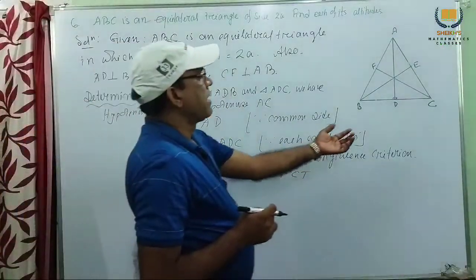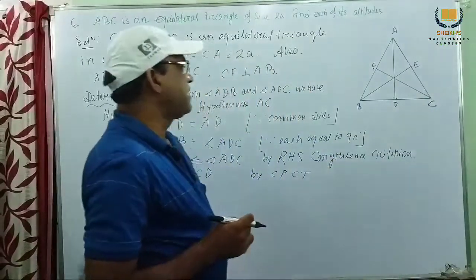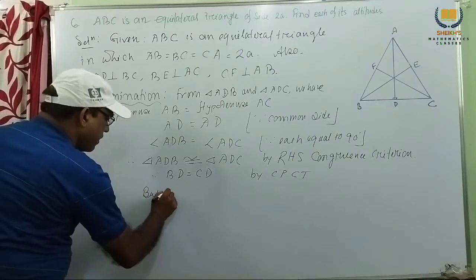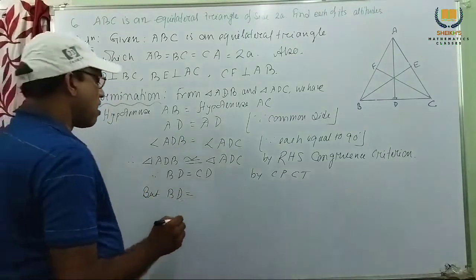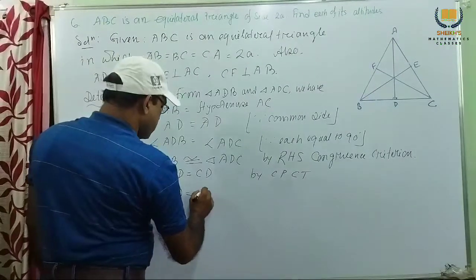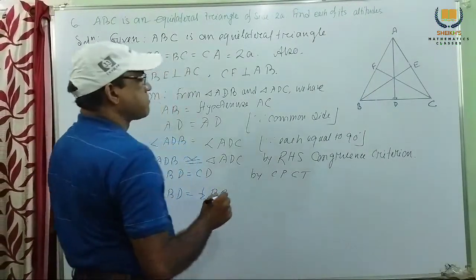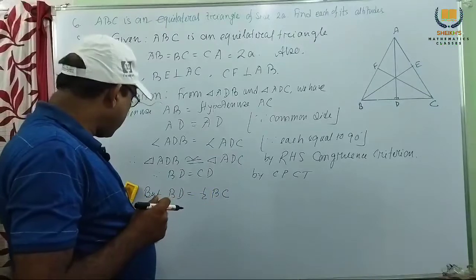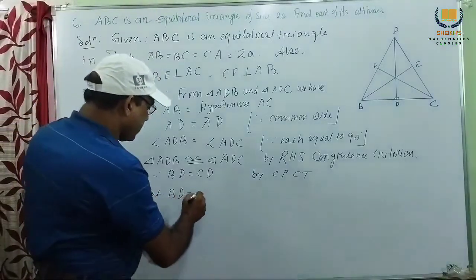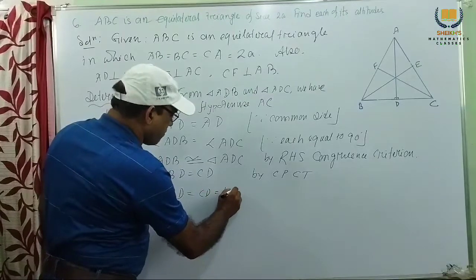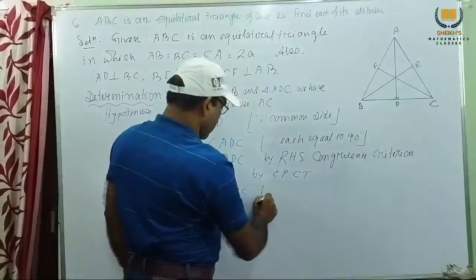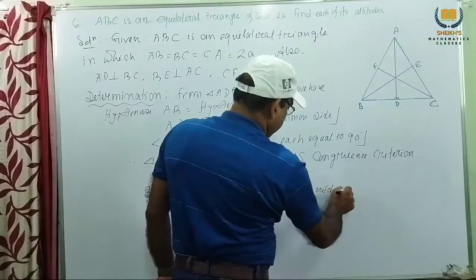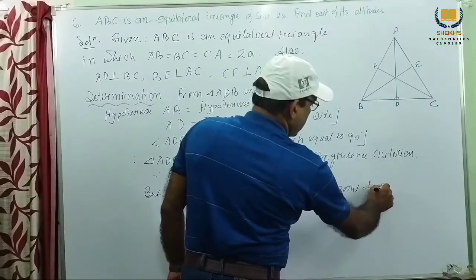Now what we get, BD and DC are equal, so BD equal to CD equal to half of BC, since D is the midpoint of BC.